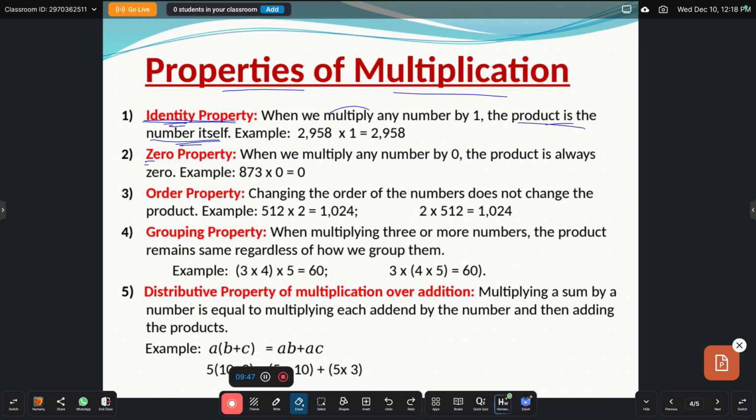Now going to our third property, that is order property. This property says that changing the order of the numbers does not change the product.